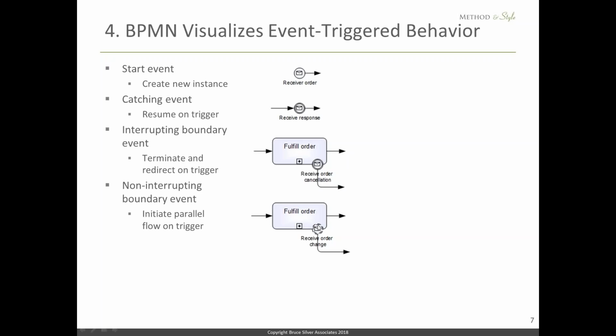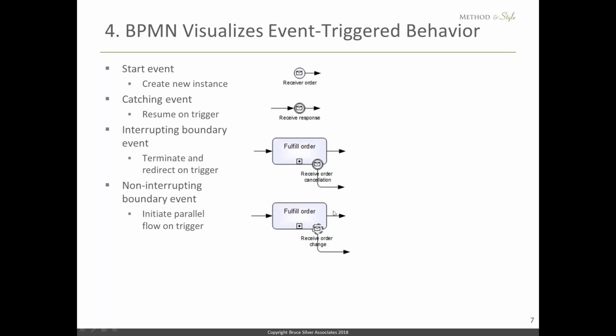And this one, which looks very similar, except the border of the event is a dashed line instead of a solid line, means if the message arrives while the activity is running, you initiate whatever is on this so-called exception flow without terminating or aborting the original activity, and when it's done, it exits in parallel on the normal flow.